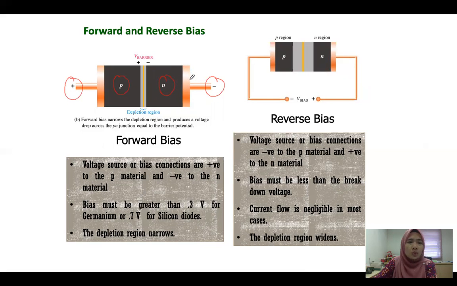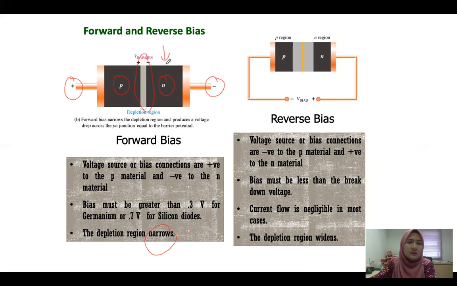In forward bias, the depletion region will be reduced. The depletion region is narrow. So the bias must be greater than 0.3 volt for germanium or 0.7 volt for silicon. The depletion region voltage depends on the material, this V barrier.